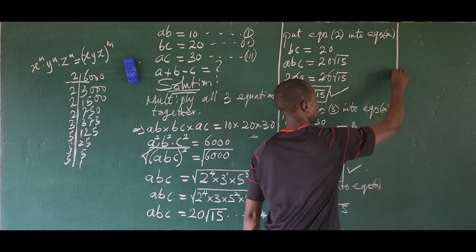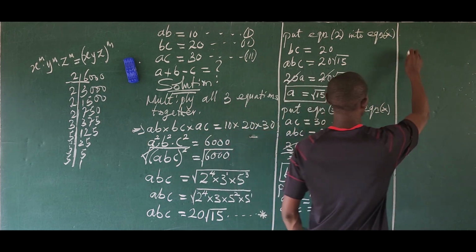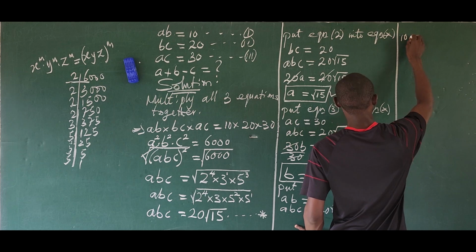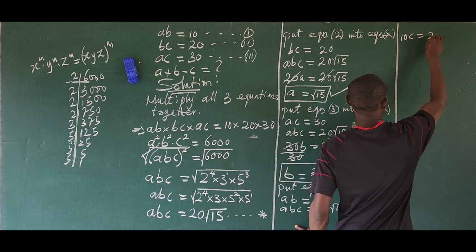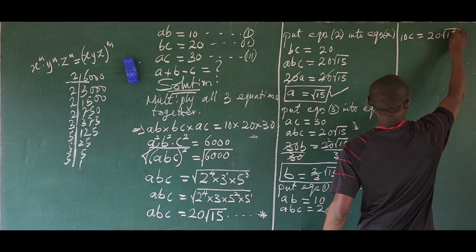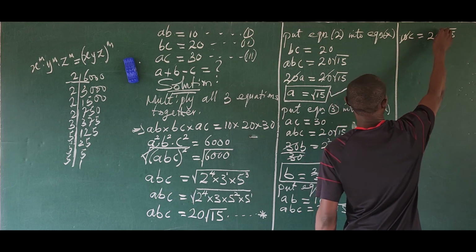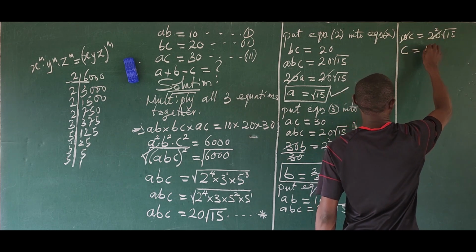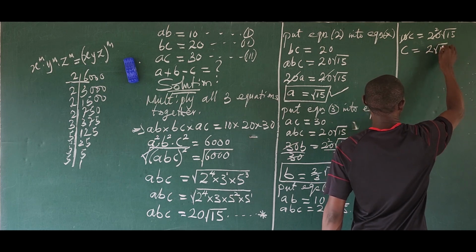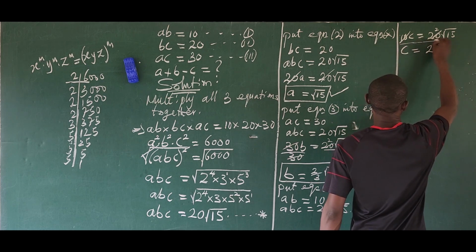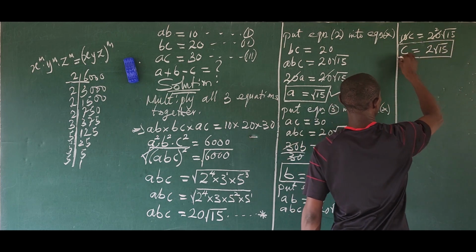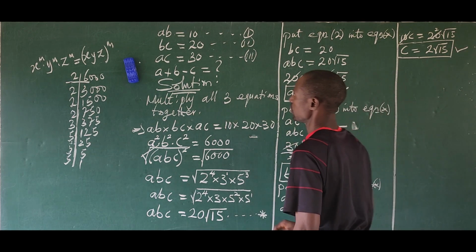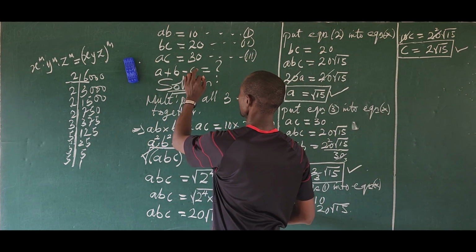This is going to give us 10C is equal to 20 root 15. So this and this will leave here 2, so we have C is equal to 2 root 15. Okay, so we've got the 3 variables, A, B, and C.